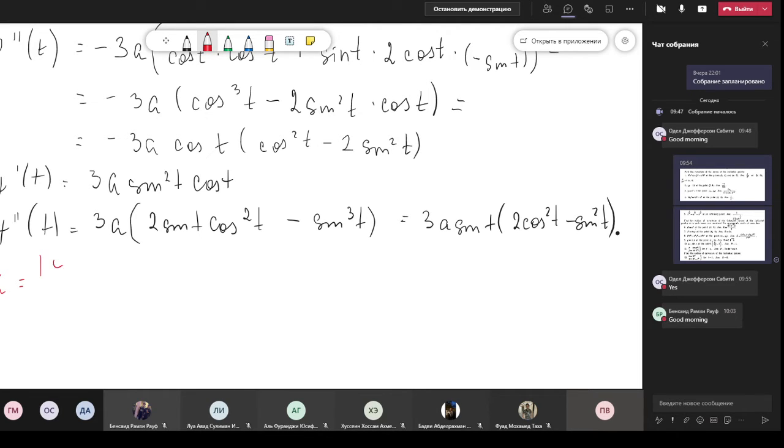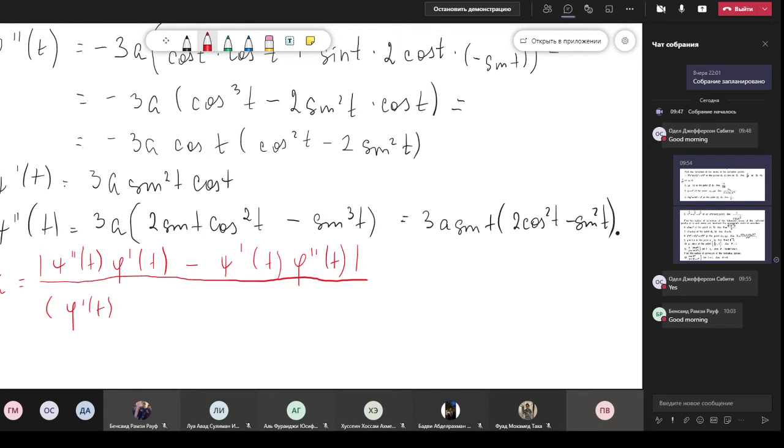K is the modulus of phi 2 prime of t times psi prime of t minus phi prime of t times psi 2 prime of t, divided by phi prime squared plus psi prime squared with power 3 over 2. And calculate using this formula.